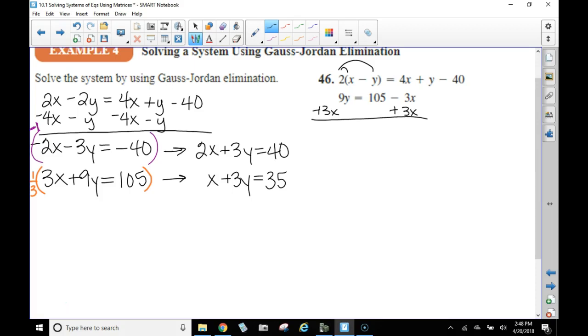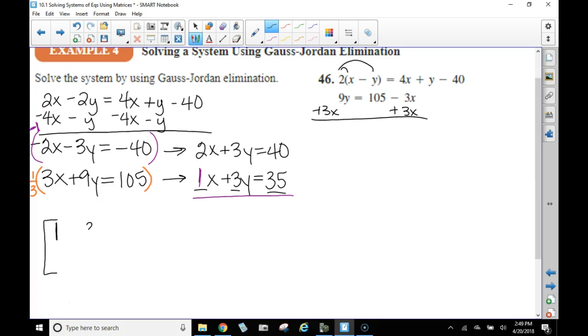And in fact, since this has a 1, I'm going to write this equation first when I set up my augmented matrix to kind of get this party started. I'm actually going to write 1, 3, 35 first because I want that leading 1 right there.